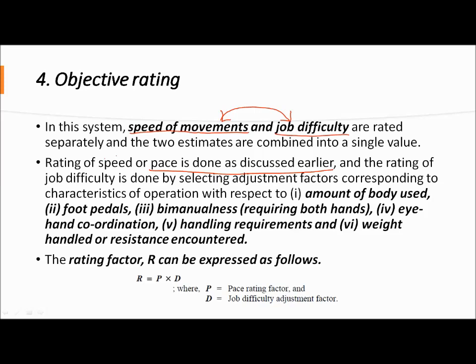And the rating of job difficulty is done by selecting adjustment factors corresponding to characteristics of the observation with respect to the amount of body used, the foot pedals, the bimanualness, that is, if both hands are used, and the eye-hand coordination.